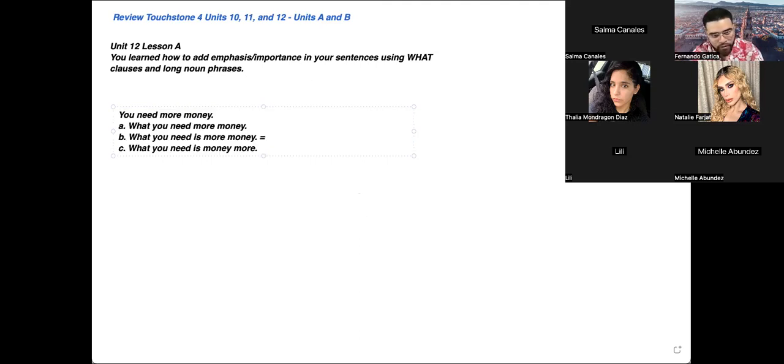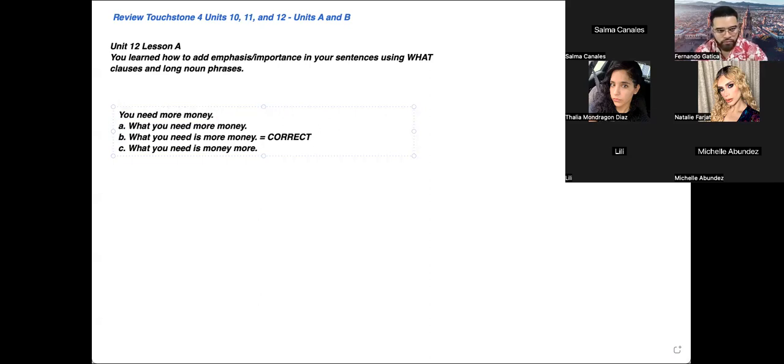Letter B is correct. What you need is more money. Lo que necesitas es más dinero. That sounds more emphatic than the sentence, you need more money.